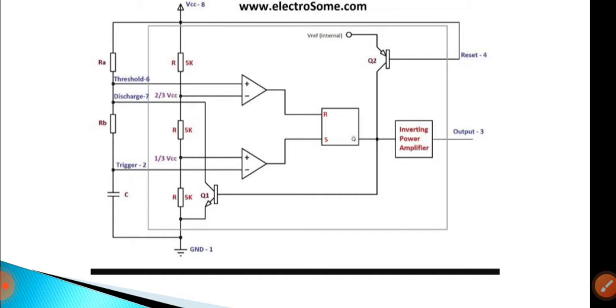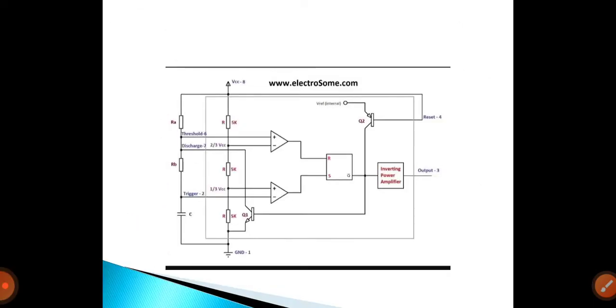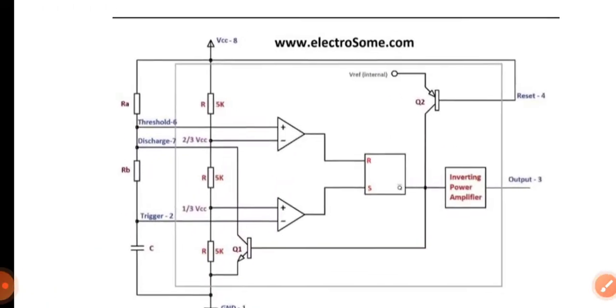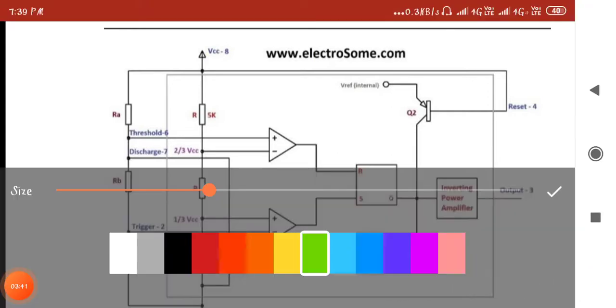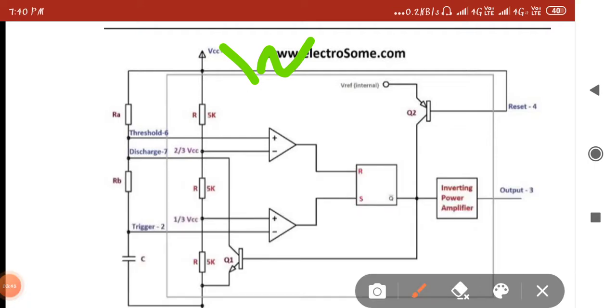Two comparators: one is the upper comparator and the other is the lower comparator. And one more is the SR flip-flop. Three resistors of 5K each are used. That's why we can call it the IC 555 timer. If we give 12 volts, these resistors divide this voltage.